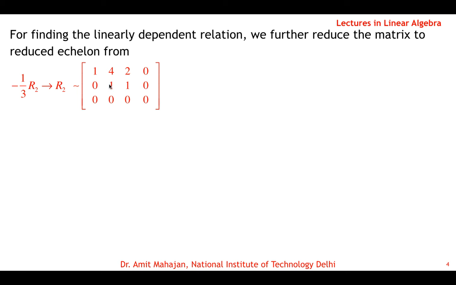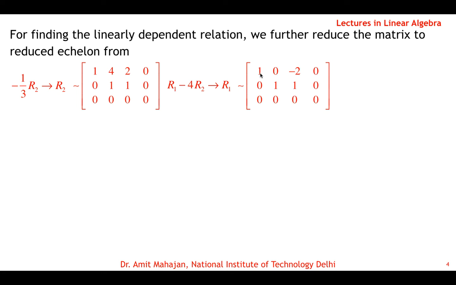Then use this element to make the 1,2 position element 0. So apply row 1 minus 4 times row 2, impact on row 1. This element becomes 0, and correspondingly this element changed. Now we have the reduced equivalent form.